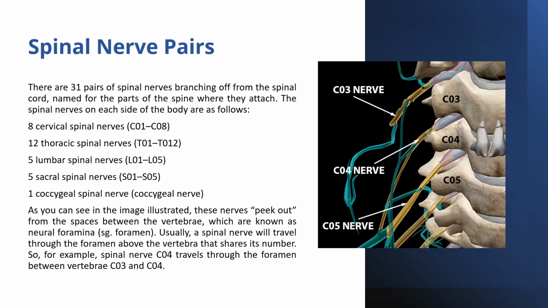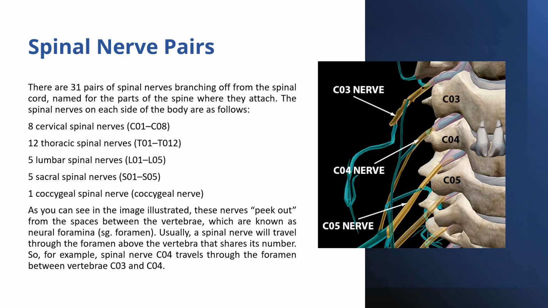So let's take a look at spinal nerve pairs. There are 31 pairs of spinal nerves branching off from the spinal cord, named for the parts of the spine where they attach. The spinal nerves on each side of the body are as follows.